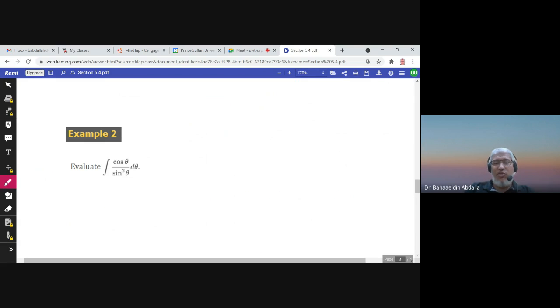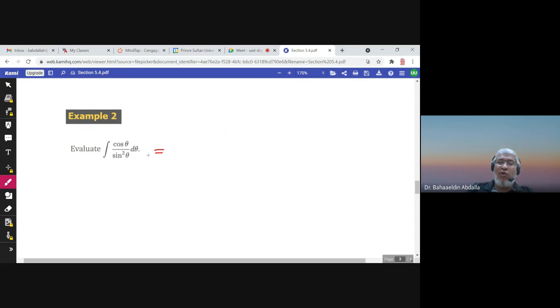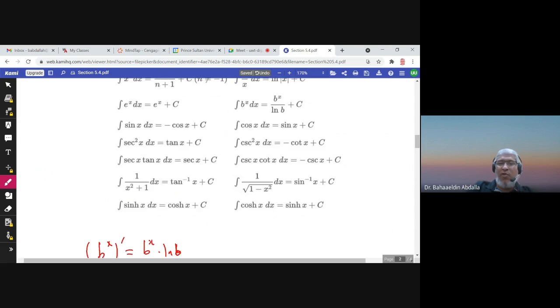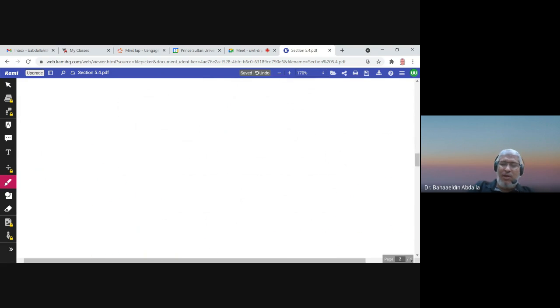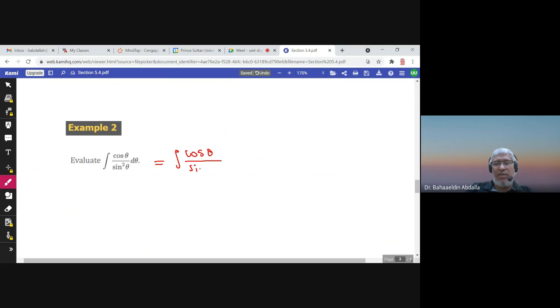So what can I do? You have to think a little. You have to try to write this integral in the form of one of these formulas. So if you think here, you find that I have one cosine up and sine square down. In fact, sine square is sine times sine, just like x square is x times x.